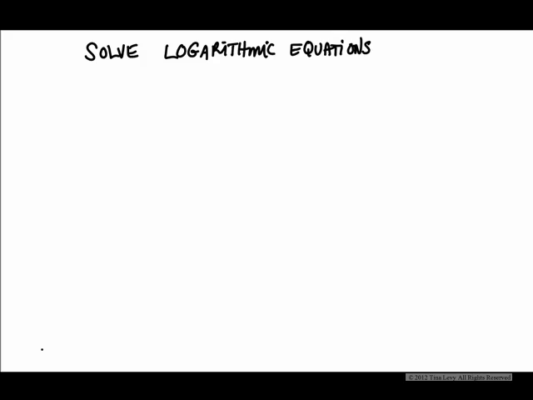We're going to solve logarithmic equations, and our first example is probably the easiest. If I say solve for x, suppose I ask you to do log base 4 of x plus 3 equals 2.